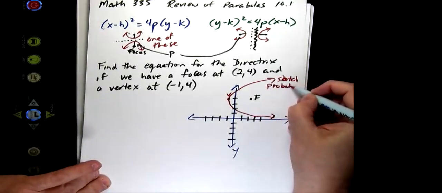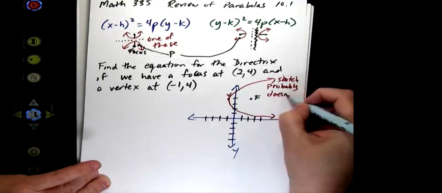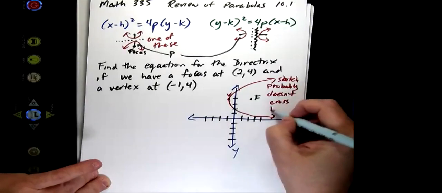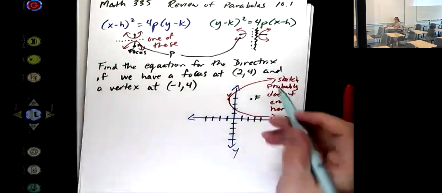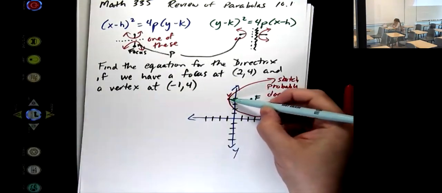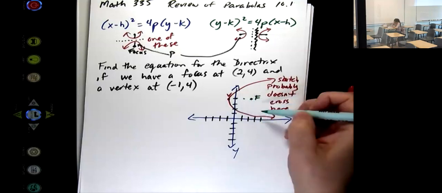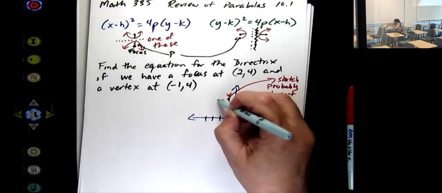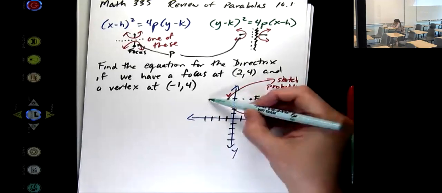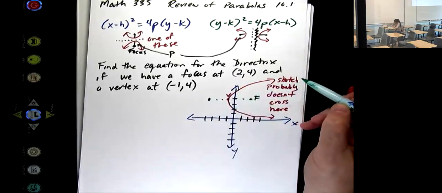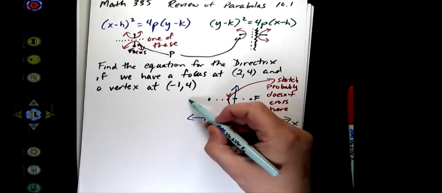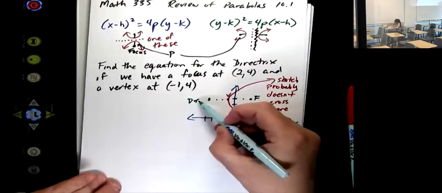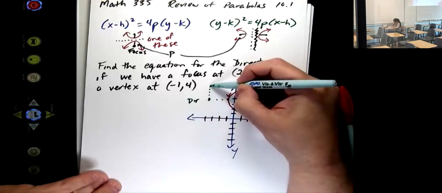The directrix is the same distance away from the vertex as the focus, except in the opposite direction. So that's how we could find it, right? So this is 1, 2, 3 away. We gotta go 1, 2, 3 away over here. So what do I do with that? You make a dotted line up and down. The directrix will be right there.